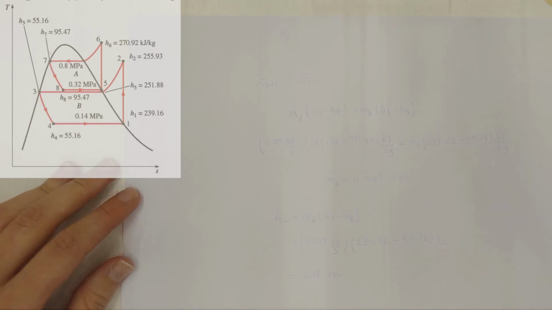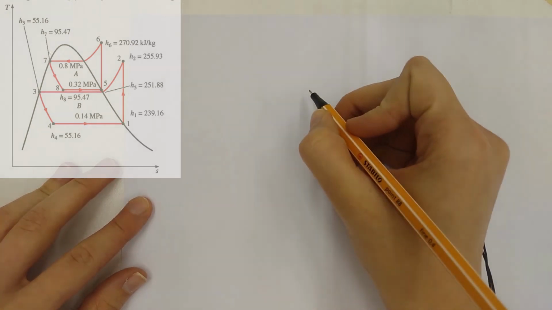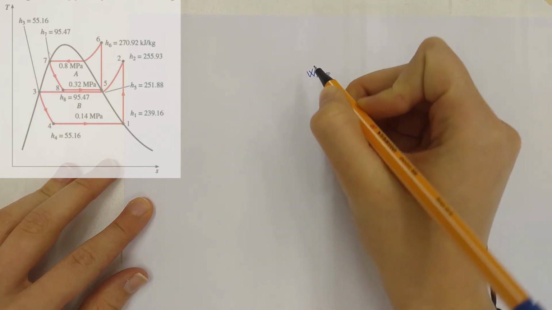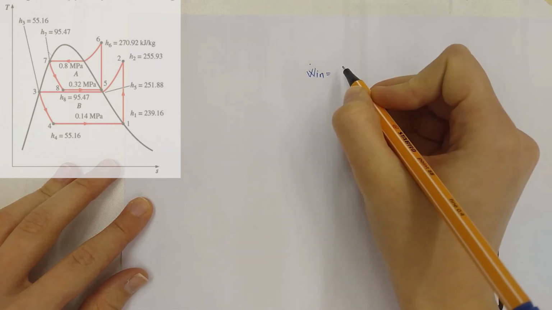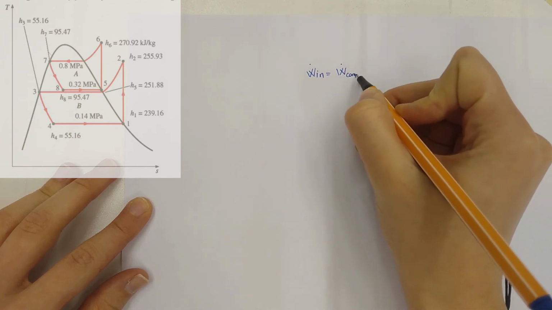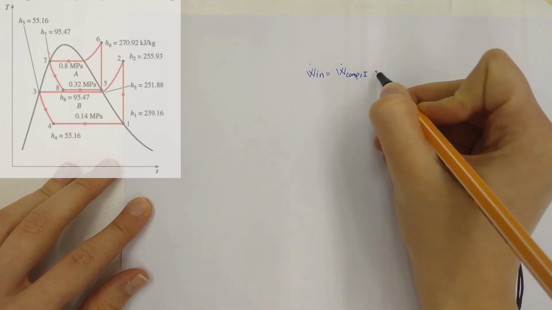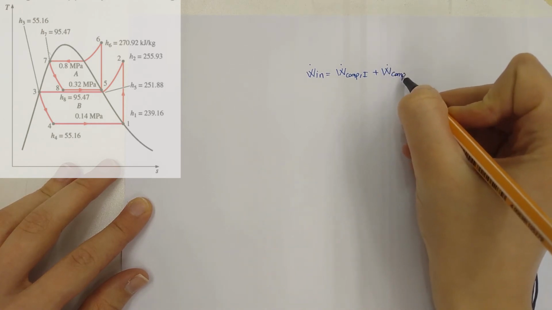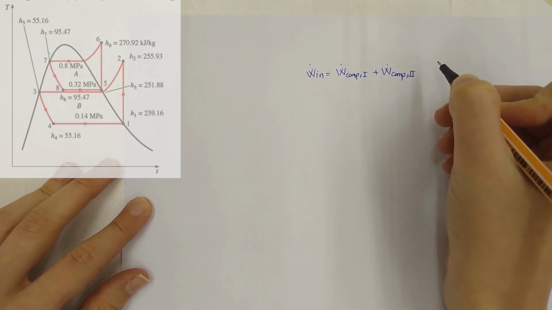The power input can be calculated from the compression 1 to 2. We know that work equals compressor 1 plus compressor 2.